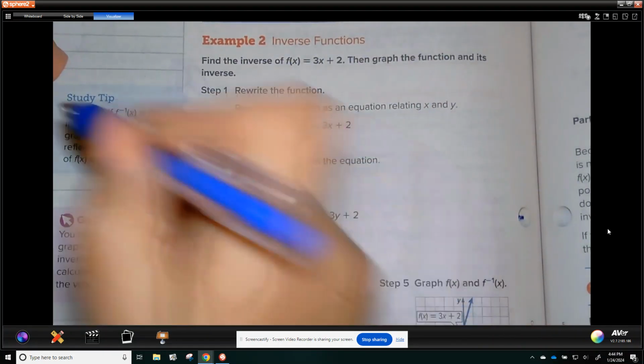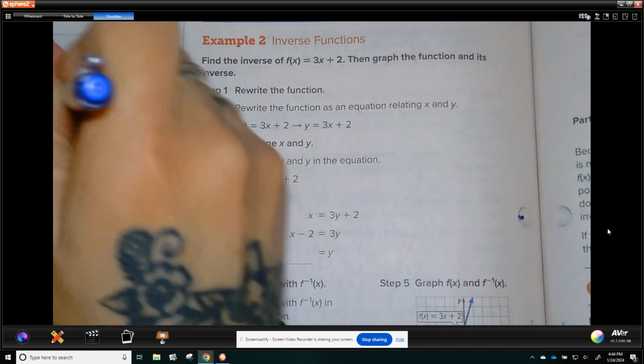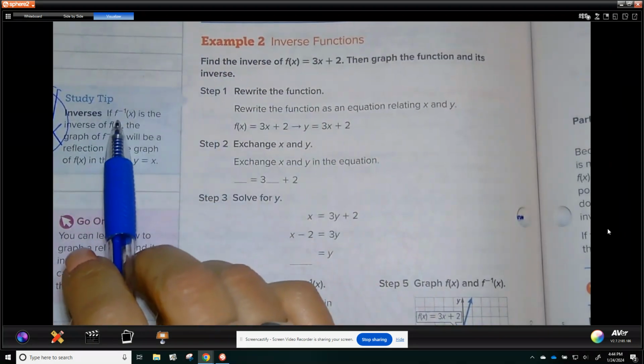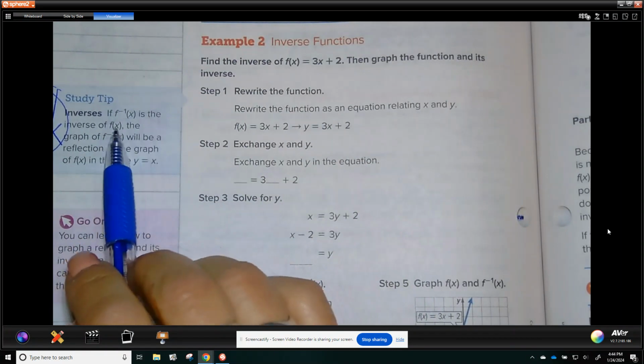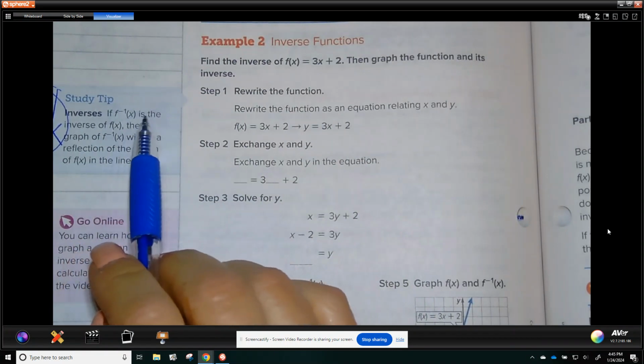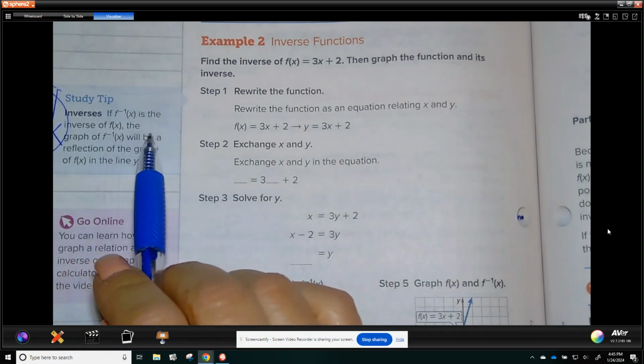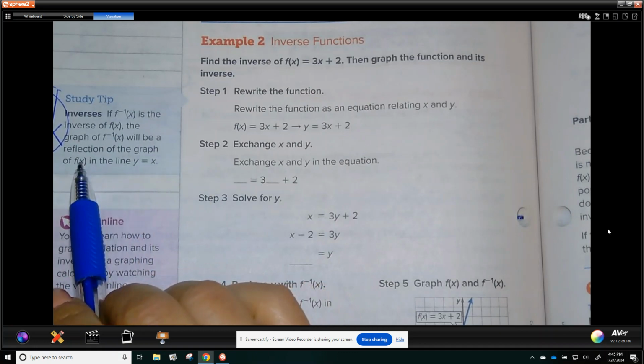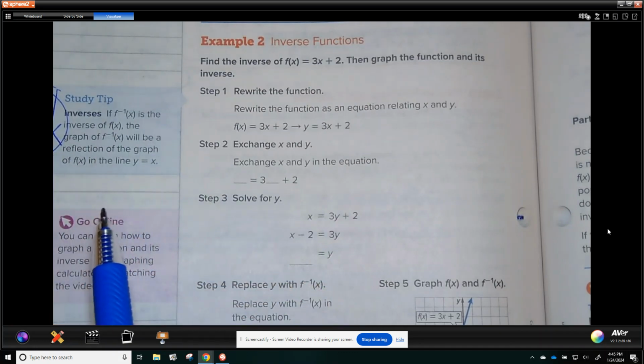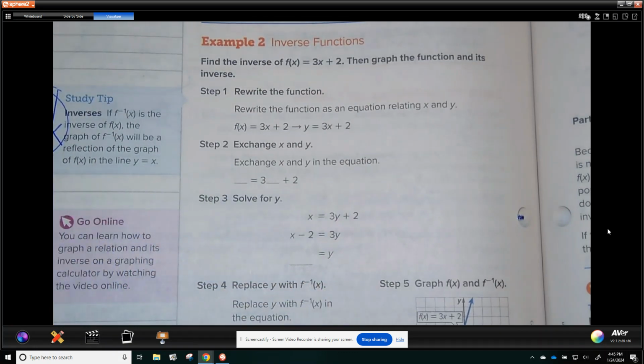So this is important. Inverses. If a function is the inverse of f of x, the graph of the inverse will be a reflection, and you all know what reflections are, but not on a horizontal, not on a vertical, but on a diagonal, y equals x.